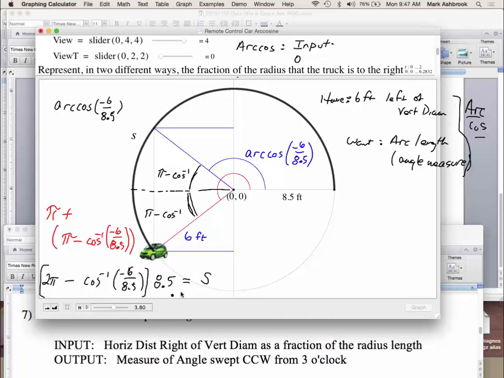So let's just get this number and make sure it makes sense. Put this in your calculator. Let's first do the arc cosine of -6/8.5. First of all, let's get that.